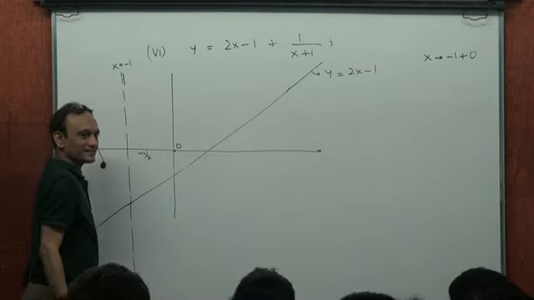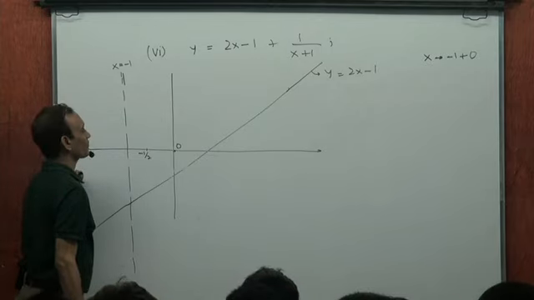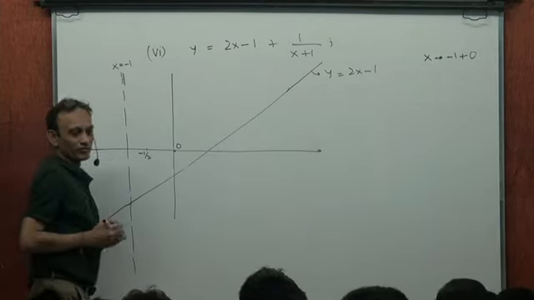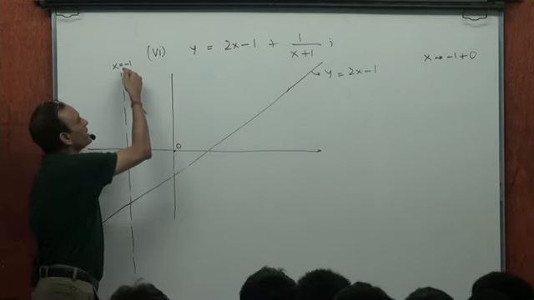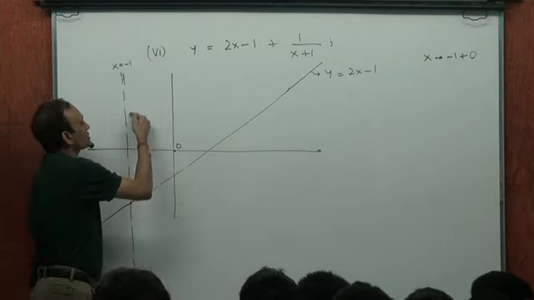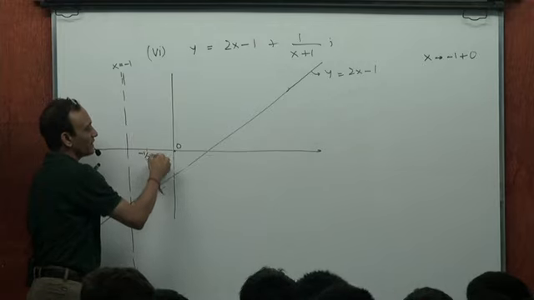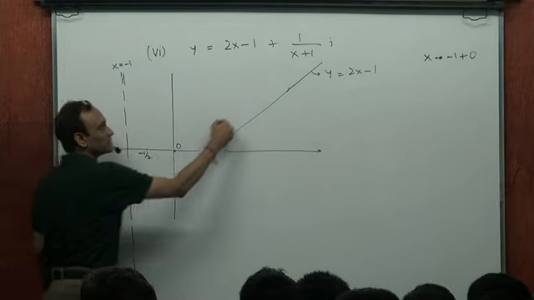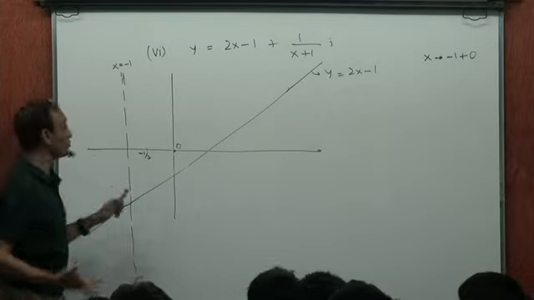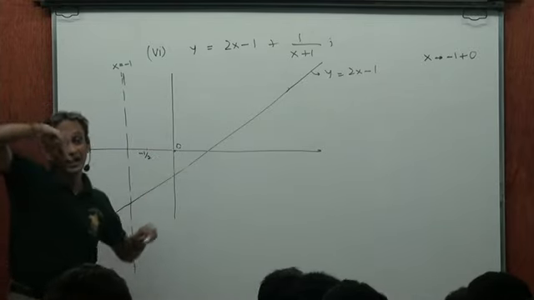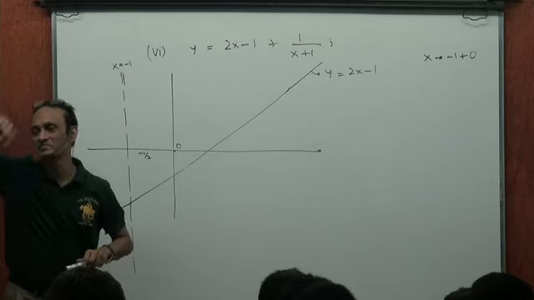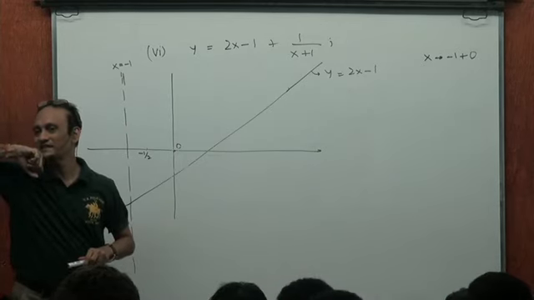Therefore, even without doing too much, I can say there is a local minimum, and it must be going this way. Even without differentiating, I'm expecting a local minimum between minus half and 0.